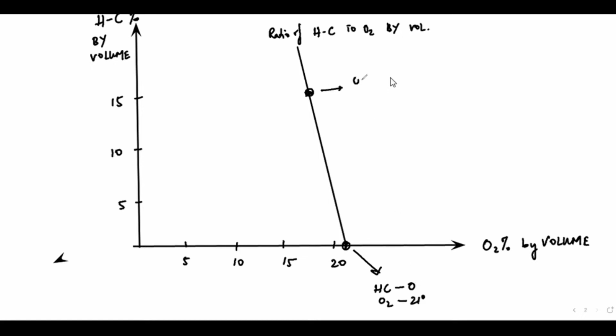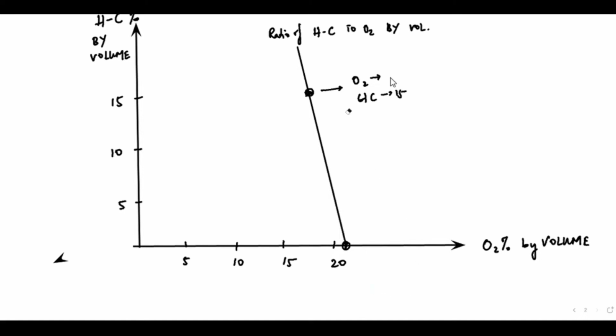At this point, oxygen has to reduce because my hydrocarbon is 15%. So as the volume of hydrocarbon goes up, oxygen has to reduce. So therefore the line becomes slant. Are you able to understand this one?